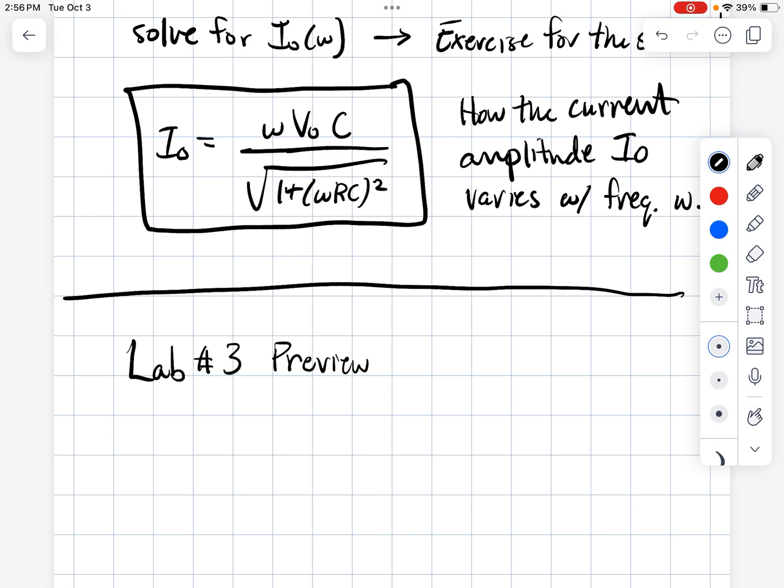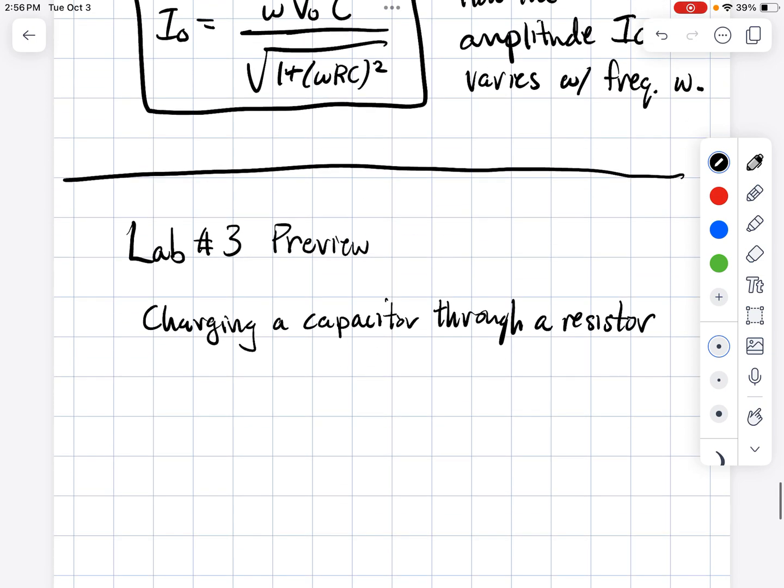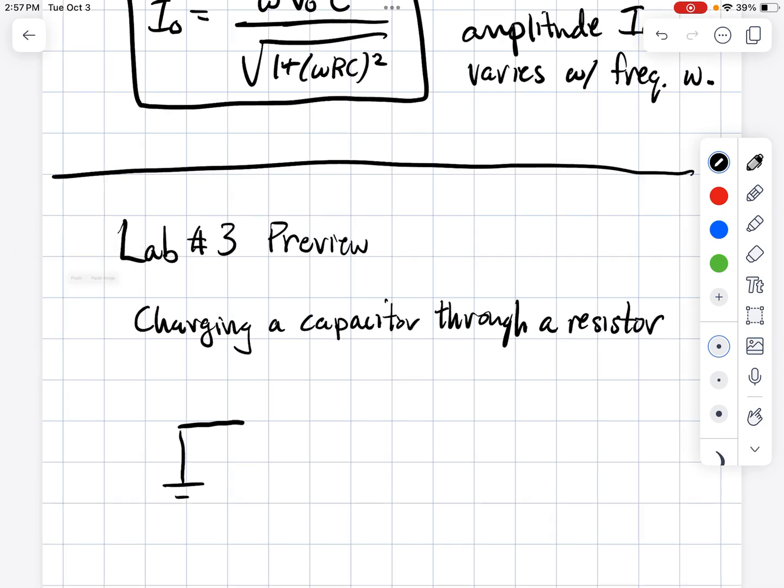So if you recall, the problem we solved was charging a capacitor through a resistor. What the circuit looked like was we had a battery instead of a function generator, and then we had our switch.